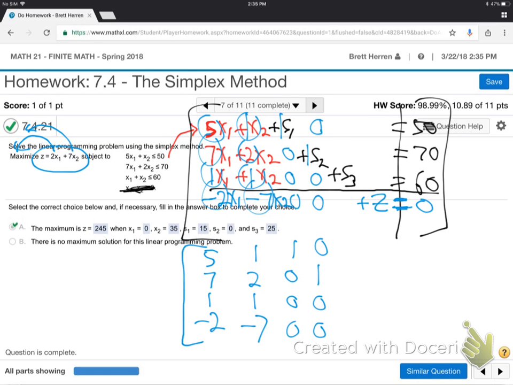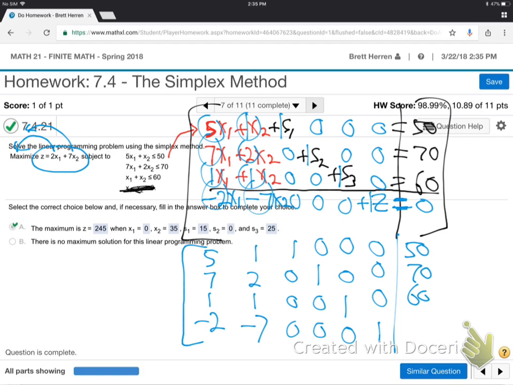And 0, 0, 1, 0. And 0, 0, 0, 1, and 50, 70, 60, 0. There we go. There's the Simplex tableau.